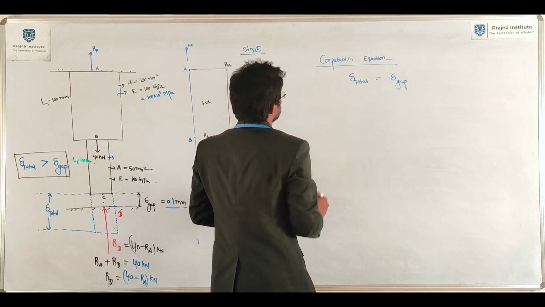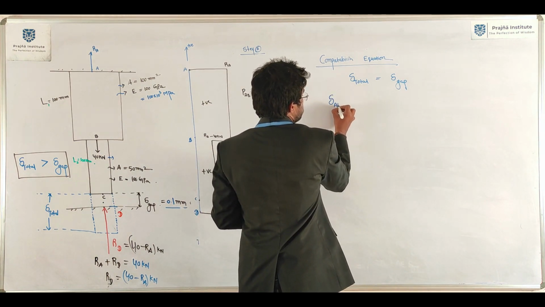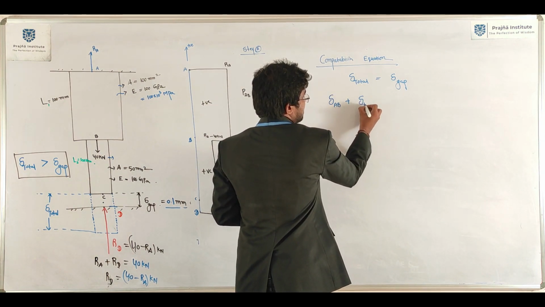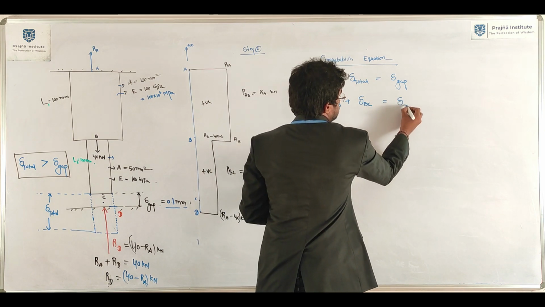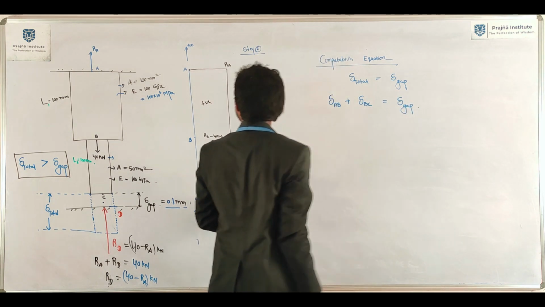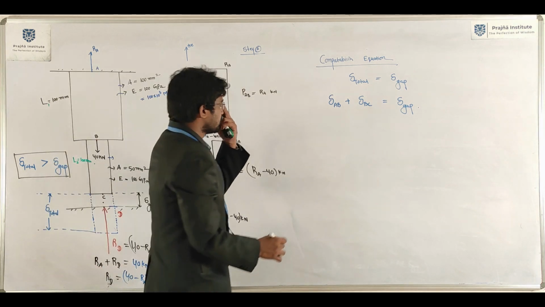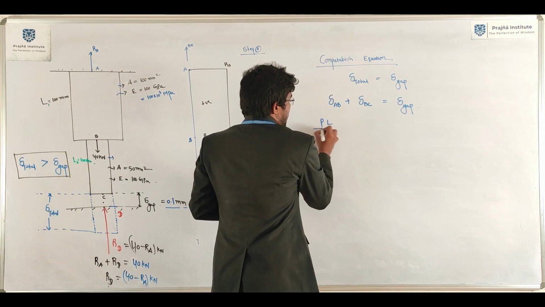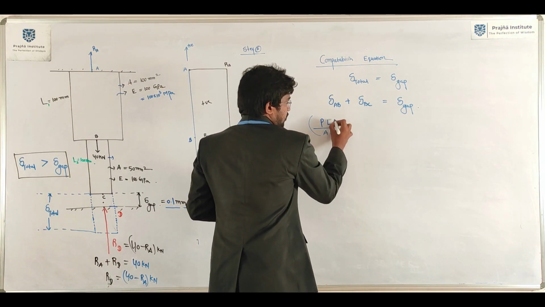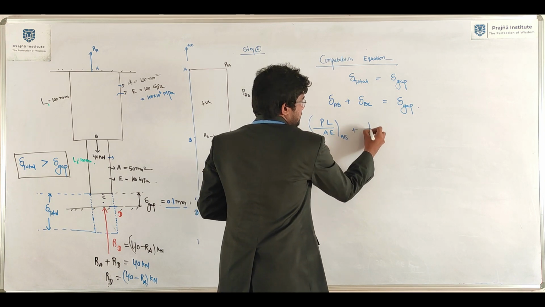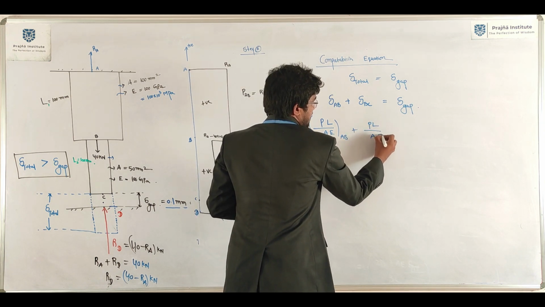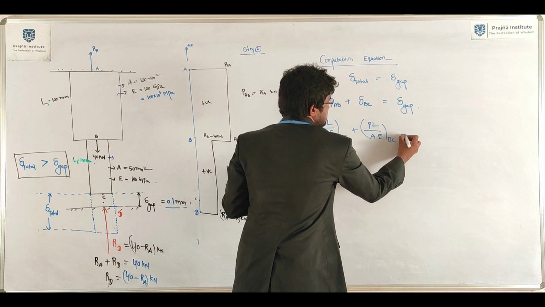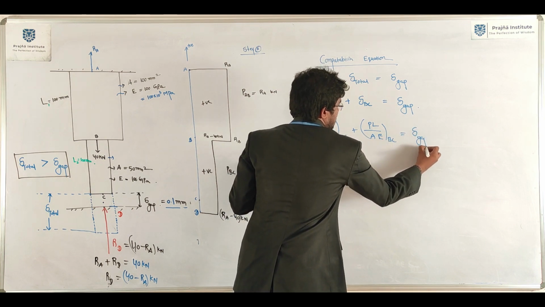Now, delta total means delta AB plus delta BC equals delta gap. What is delta AB? Tell me. PL by AE for the member AB, PL by AE for the member BC, equals delta gap.